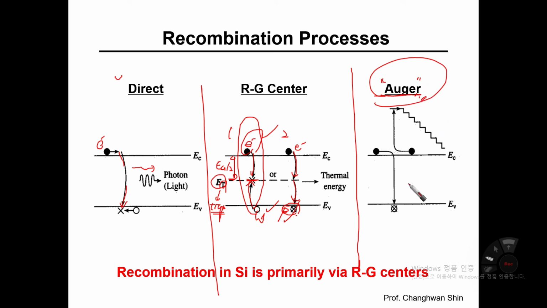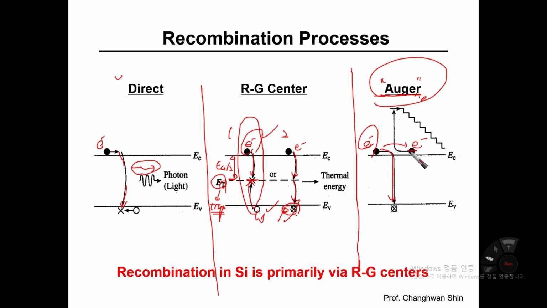Let's take a look at how the Auger process happens. Suppose there is a single electron in the conduction band and it's going to lose its energy by a direct recombination process. Then, as we have learned, the lost energy would be delivered and converted into a different type of energy. But if Auger recombination happens, the energy that this electron has lost would be delivered to the other electron in the conduction band.